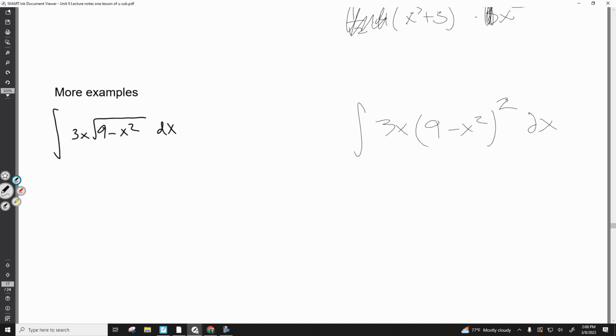Ignore the 3x, do the one on the right first. Ignore the 3x. Just pay attention to the chain. Ignore the 3x, pretend it's like a constant.